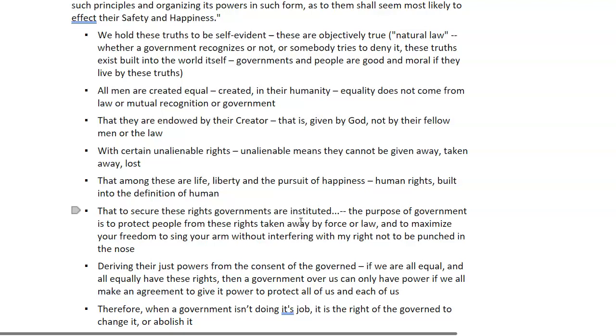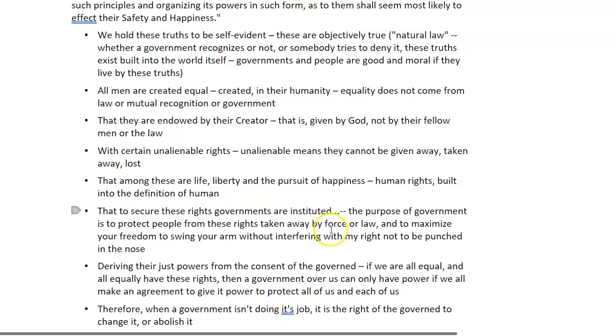And to maximize, this is how I put it, your freedom to swing your arm without interfering with my right not to be punched in the nose. I've mentioned before, that's the old phrase attributed to Franklin, Locke, and a lot of other people. Nobody, I think, really knows who said it. I have a right to swing my fist, but my right to swing my fist ends at the tip of your nose. So how do we create rules that protect your nose, but also protect my right to swing my fist? We have to figure that out. That's the point of having a government.